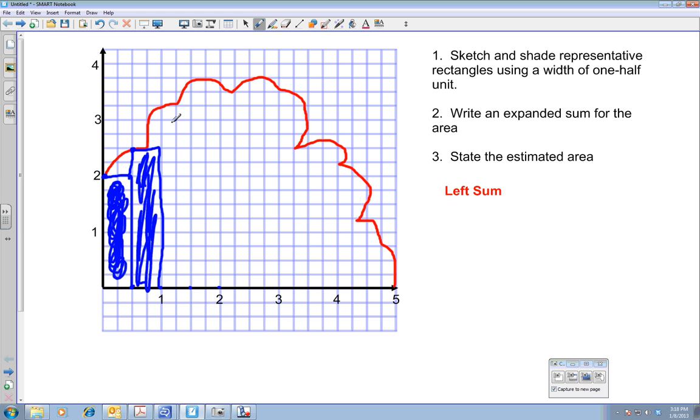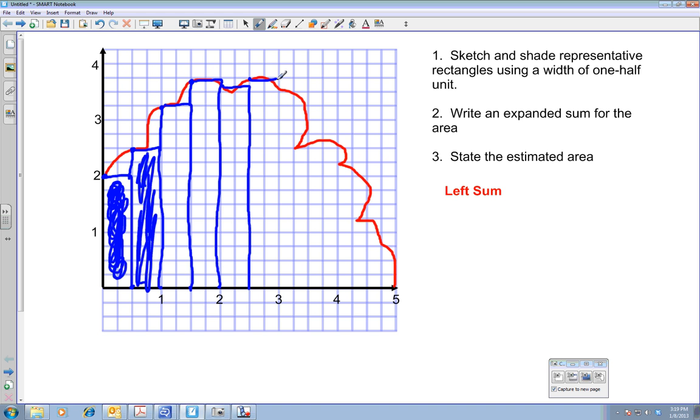Okay. My next rectangle, my left-hand side has to touch. So there's what it looks like. Okay, and I could shade that in. Here's my next one. My next one's going to look like this. Remember, it has to touch. So it doesn't have to be at a nice, neat point. This isn't going to be very neat, but you get the idea.